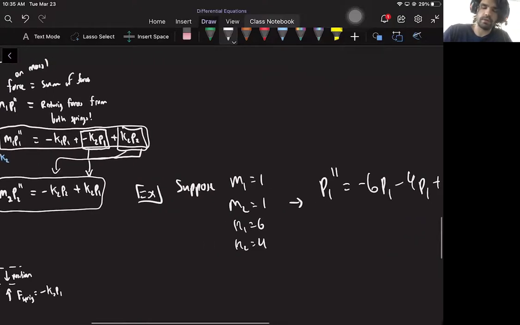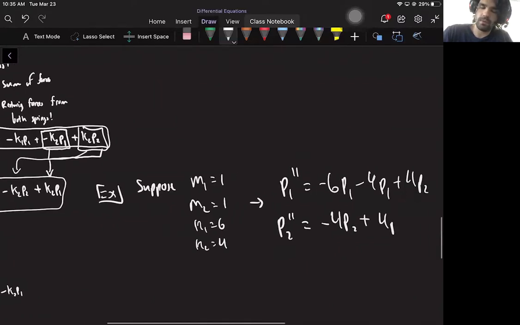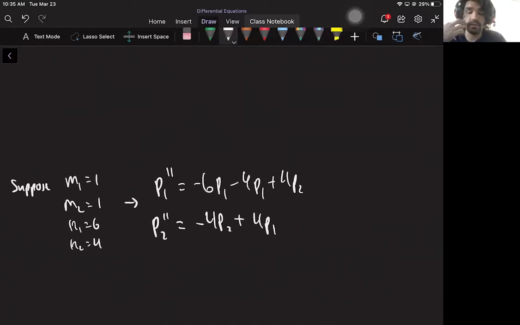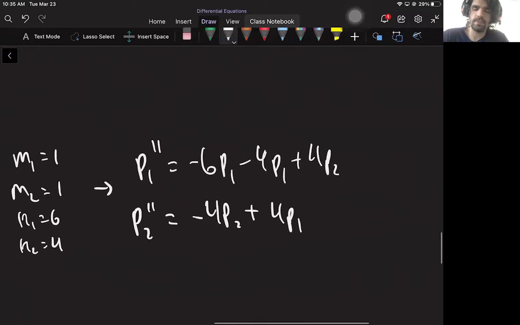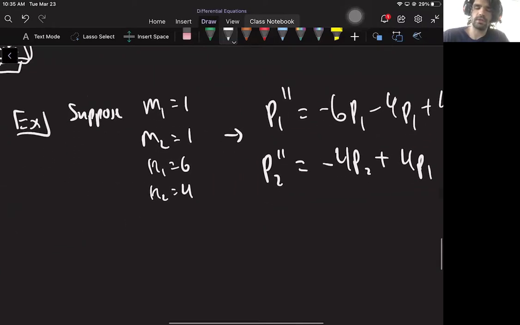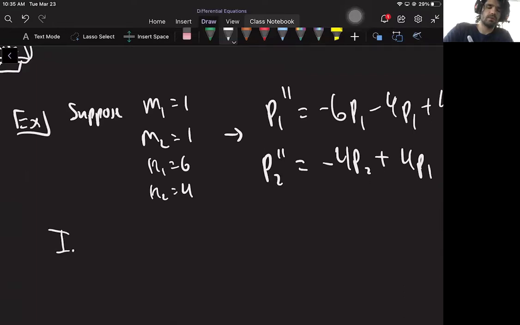And the other one is P2 double prime equals negative 4 P2 plus, and then K2 is 4 P1. Okay, so how do we actually solve a system of differential equations? Well, we can use Laplace transforms. So we also need some initial conditions. So this would correspond to how you're starting the springs in motion.